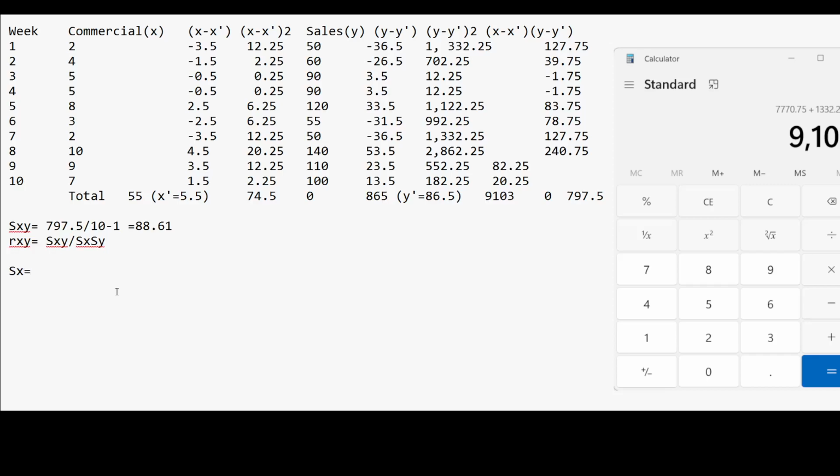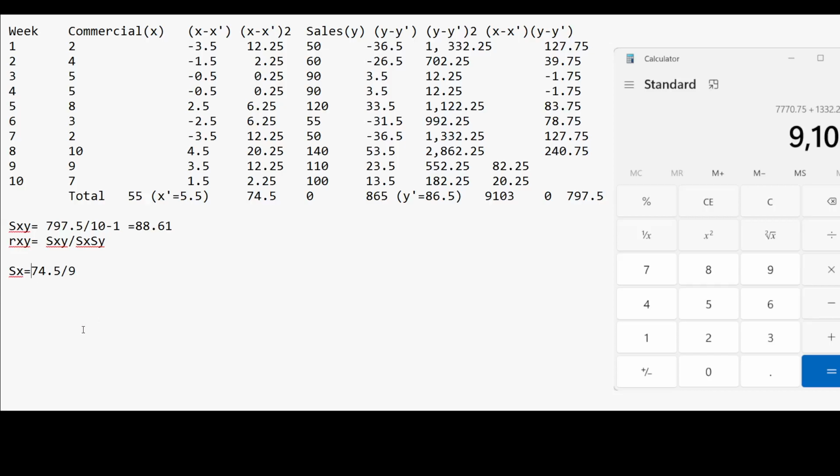So to solve for our Sx, Sx is equal to the square root of 74.5 divided by 9.